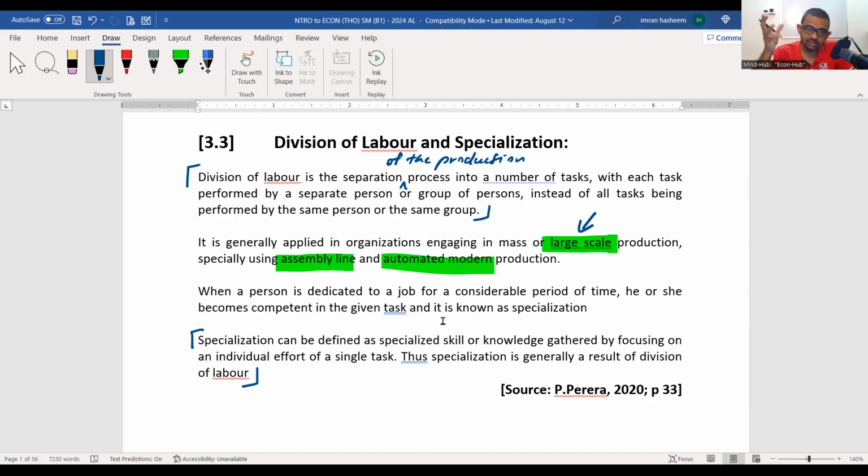And sometimes they will directly ask questions about division of labor and specialization, to define these concepts. A very common question is the advantages and disadvantages of division of labor. So we will cover all of these, as always, comprehensively and completely.